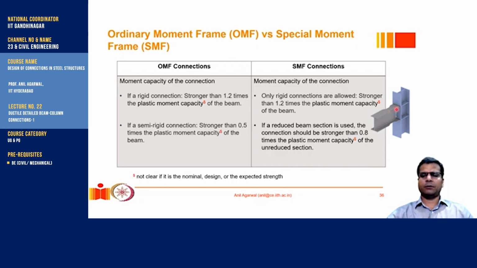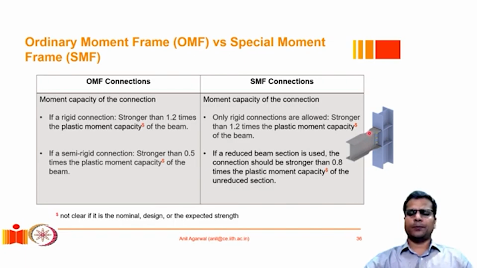So that failure at the connection can be prevented, because the fear is that a connection failure, which would probably be a weld failure here, will be catastrophic, whereas if we can move it away from the column, it will be more gradual and more manageable, because it will be yielding driven. So if such a cross section is used, it is prescribed that the connection should be stronger than 80% of the plastic moment capacity of the unreduced section.